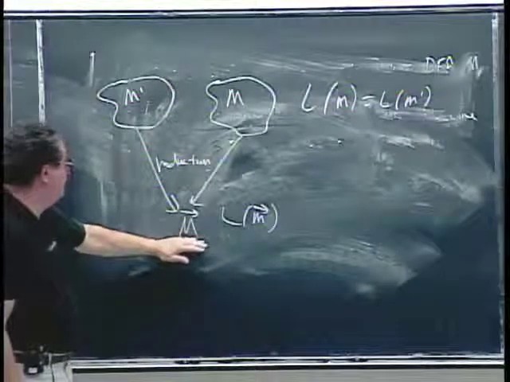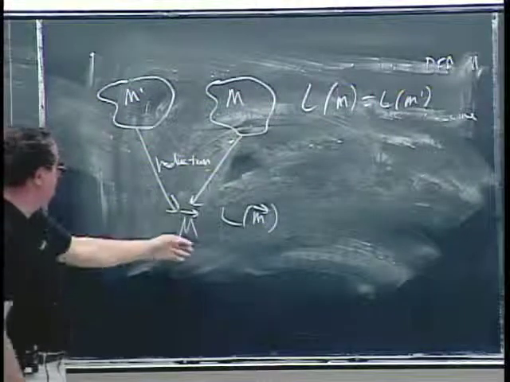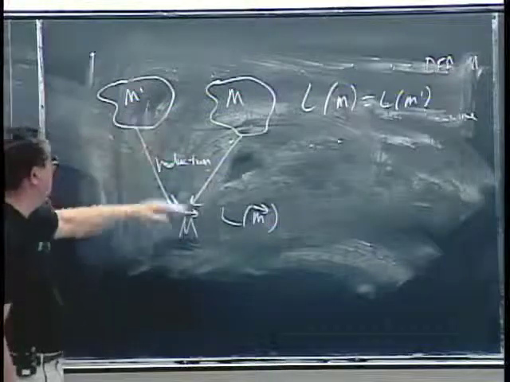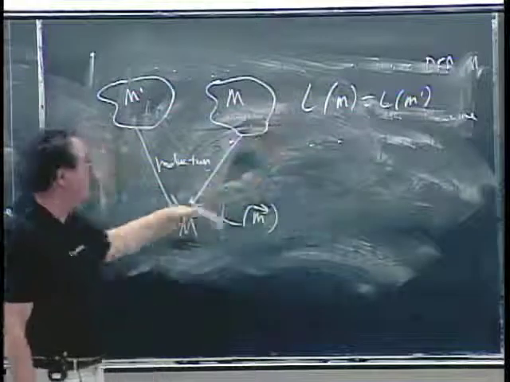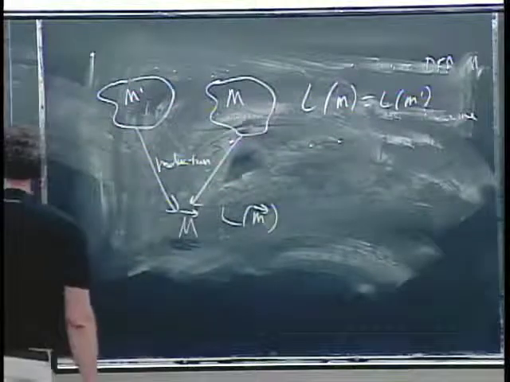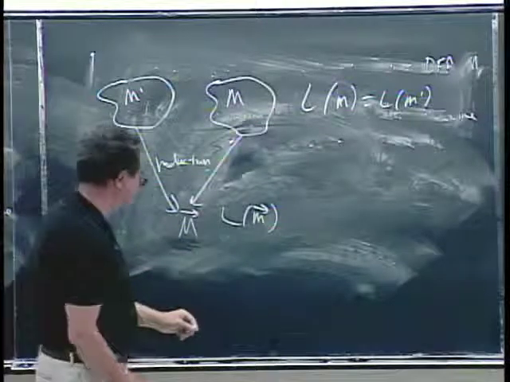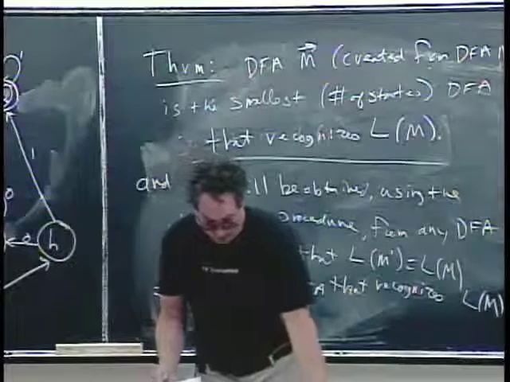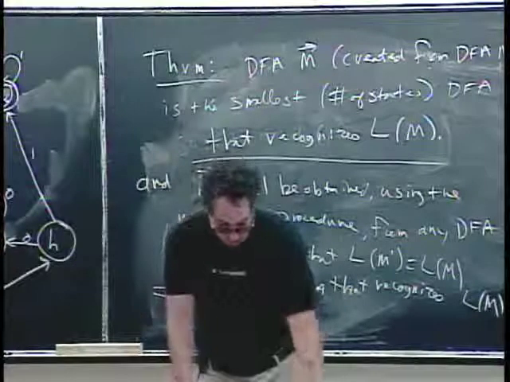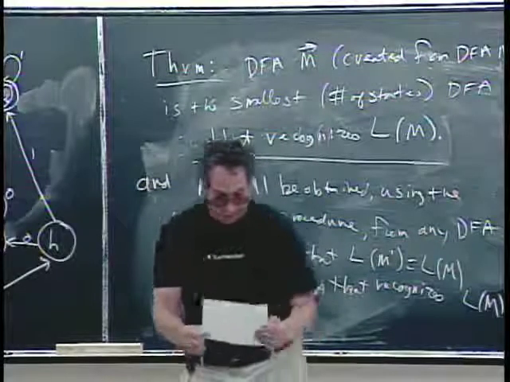And this is the DFA that minimizes the number of states over all DFAs that recognize L(M prime) and all DFAs that recognize L(M). But since L(M) and L(M prime) are the same, then we get this uniqueness. Okay? There's only one DFA that minimizes the number of states for that. Okay, so I'm going to prove that. And then later I'm going to get to the question of how we recognize that two states are indistinguishable.